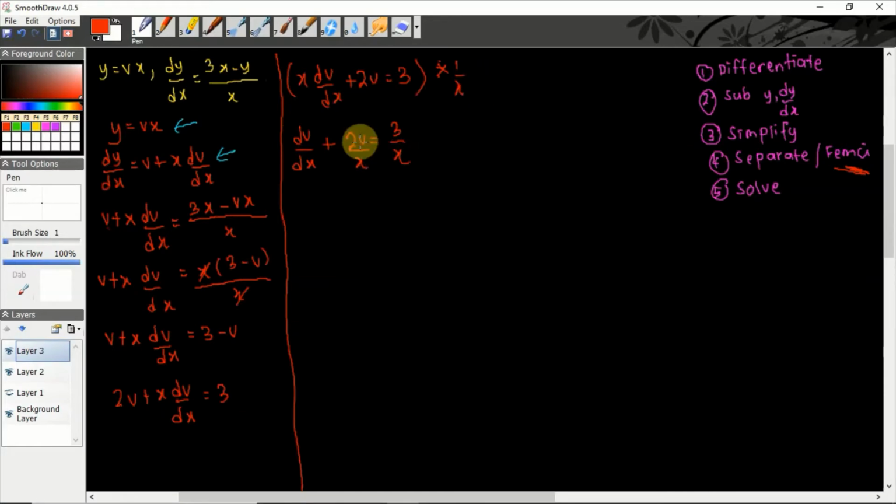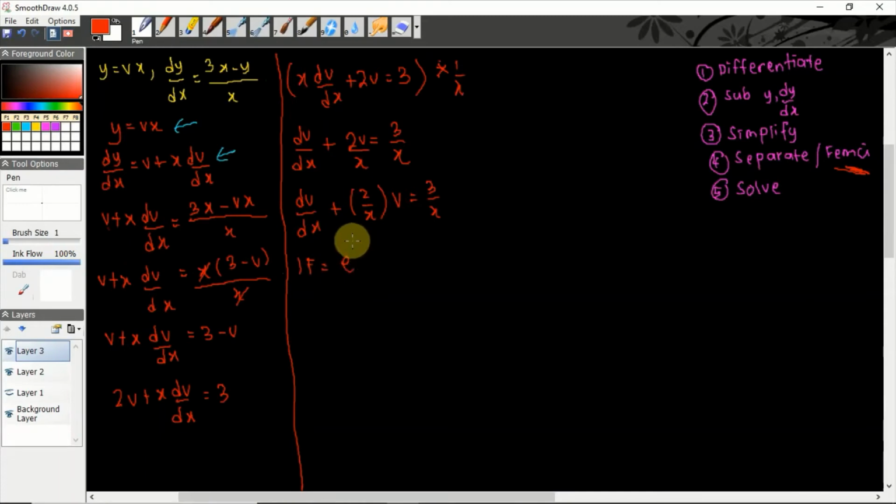Next after F is E, our integrating factor. To make finding our integrating factor easier, I will write our equation in this form: dv/dx plus 2 over x times v equals 3 over x. For the integrating factor, instead of y, now all is v.